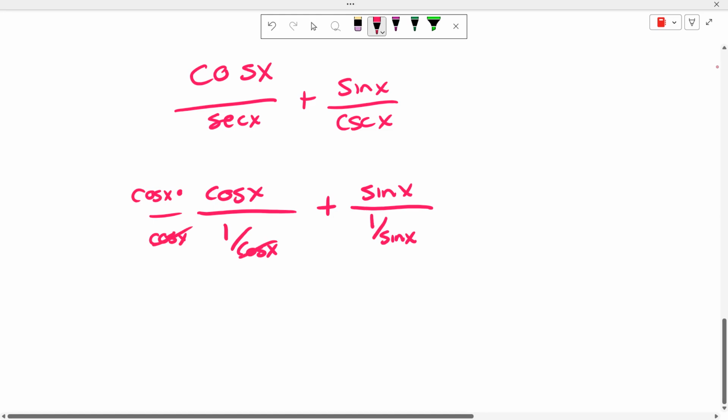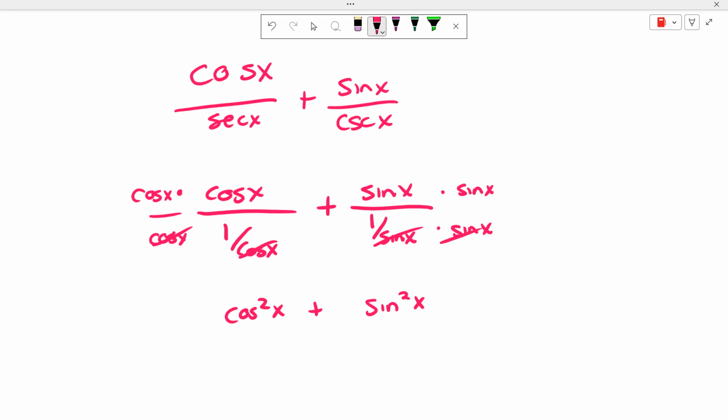So the cosines cancel here, so I get cosine squared of x. Here I'm going to multiply top and bottom by sine of x. So I get sine squared of x, and then these two cancel. So what's cosine squared of x plus sine squared of x? 1, because it's one of your Pythagorean identities, and that works out to be 1.